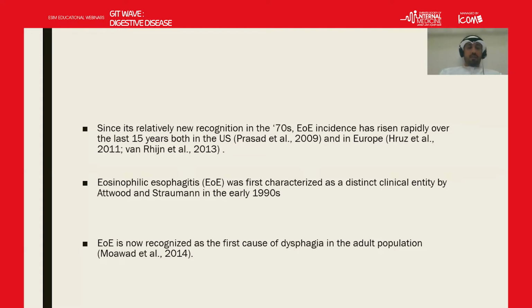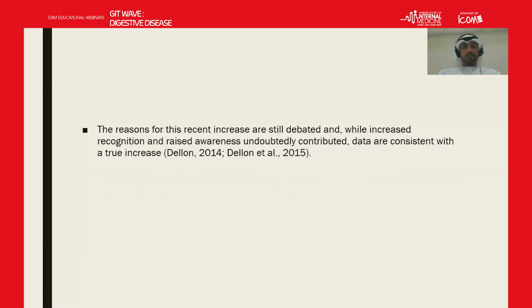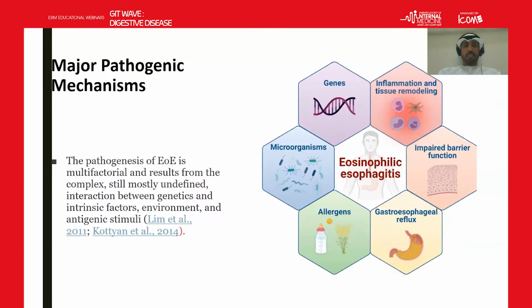It's now recognized as the first cause of dysphagia in the young adult population, published by Maud in 2014. The reasons for this recent increase are debated, and while increasing recognition and raised awareness undoubtedly contributed, data are consistent with a true increase, published by Dellon in 2015.